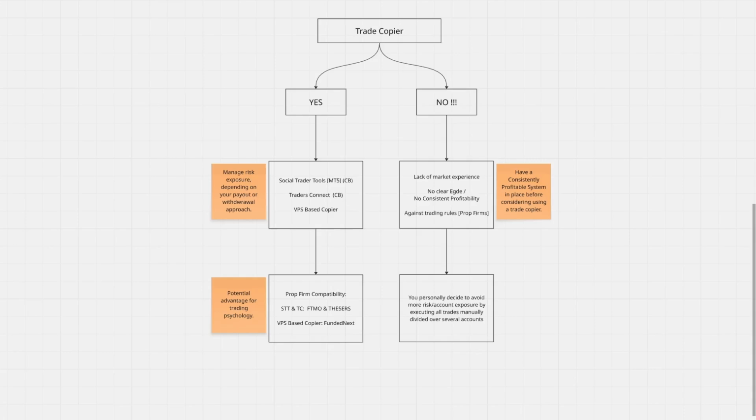You're only using, seeing, and executing your trades on the $10,000 account, which means you only see the risk of, let's say, 100 to 200 a trade. You only see those numbers. You calculate your lot sizes on the 10K account, and that's all you see.